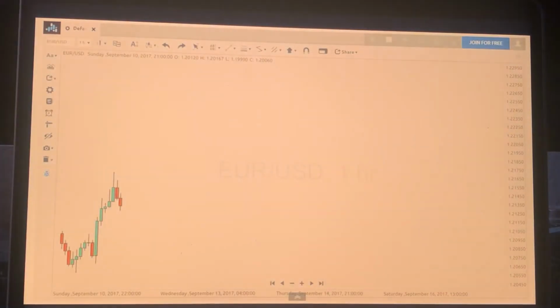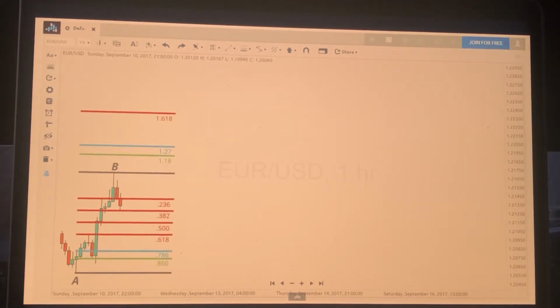Let's look at it in the market. So here we have an up AB. The market moves in a Fibonacci sequence. It comes down, starts to form its C. We don't know where the C might be. The C could be here. It could be deeper. Got to remember, it's a war going on between bulls and bears.